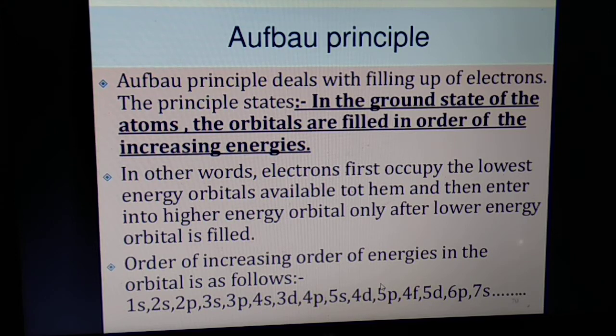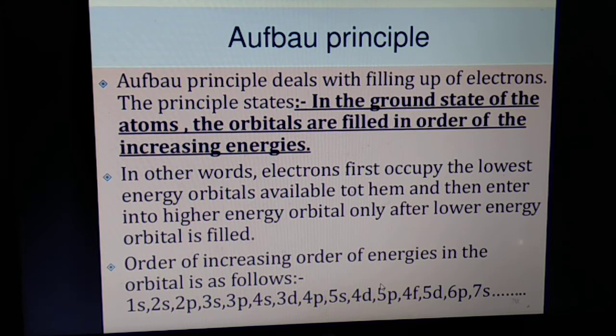But next, we go to the 3d orbital. For the 3d orbital, n equals 3 and l equals 2 for a d orbital. So what is the value of n plus l for the 3d orbital, students? 3 plus 2, 5. So 5 is greater than 4.